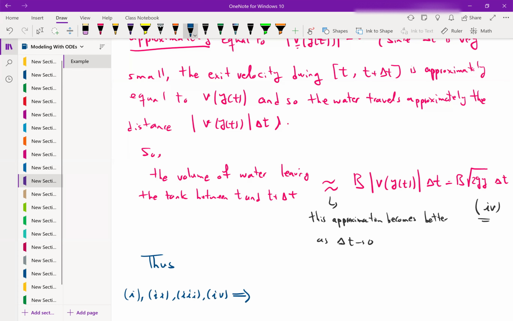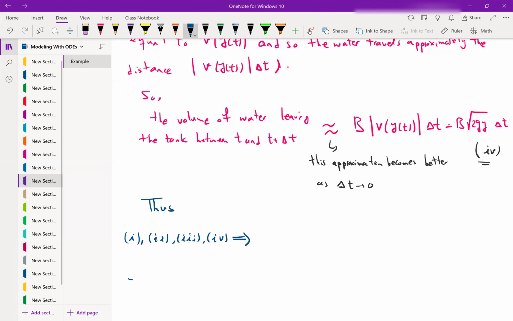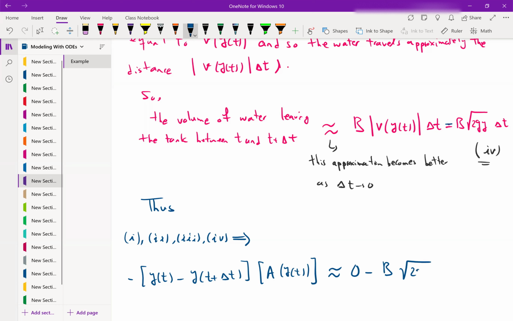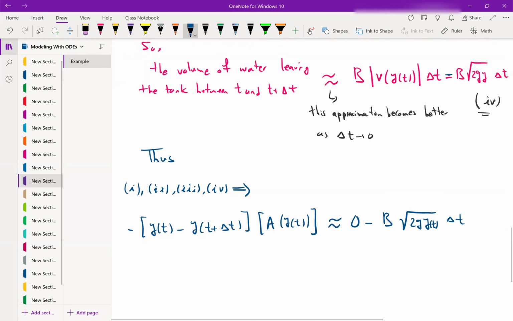All of these together will tell us that negative y of t plus delta t minus y of t, times A of y of t, the cross-sectional area at height y of t, is approximately equal to 0 water entering the tank minus the volume of water leaving the tank, B square root of 2gy delta t. This y is a function of t. Let me be very clear about that. The water level is a function of t.